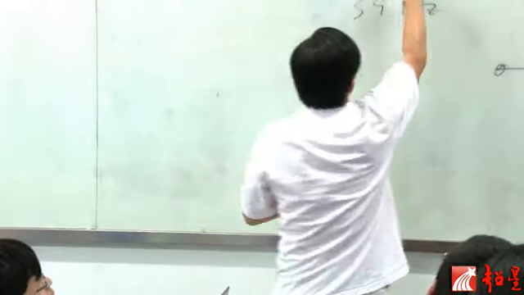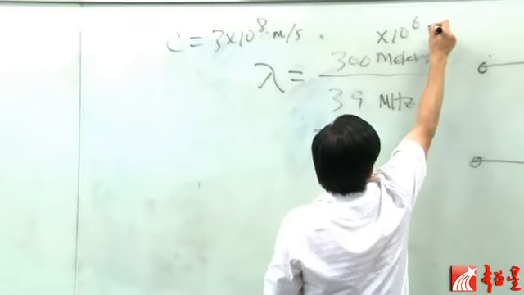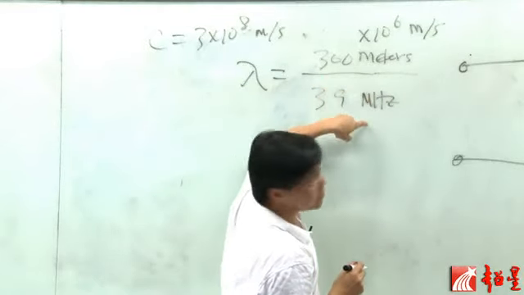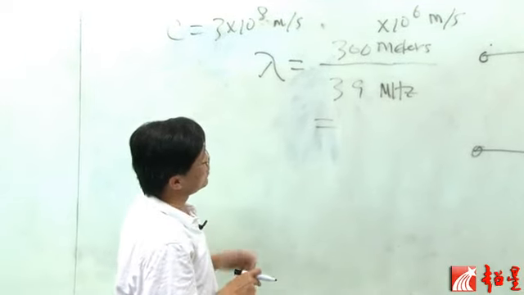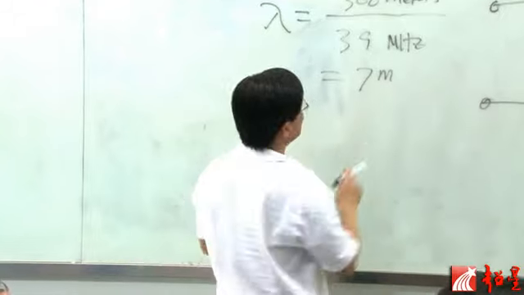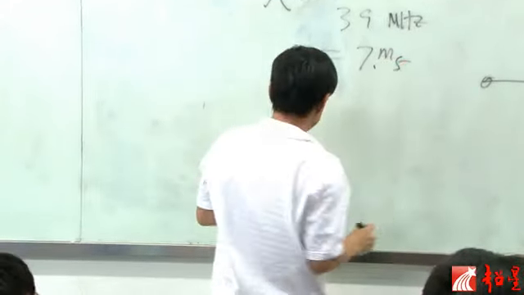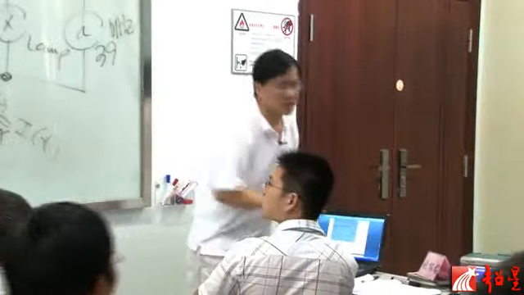Notice that this is 300 times 10 to the 6th meters per second, so this 10 to the 6th will cancel each other. So it'd be 300 divided by 39. That will give me maybe 40. So it's about 7.5 meters. Okay. This is the wavelength in vacuum, in free space.